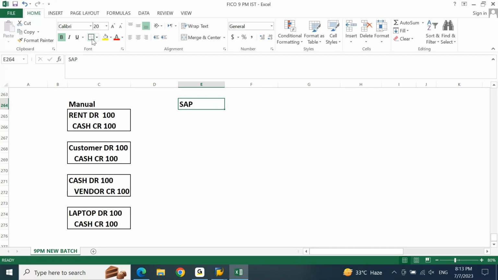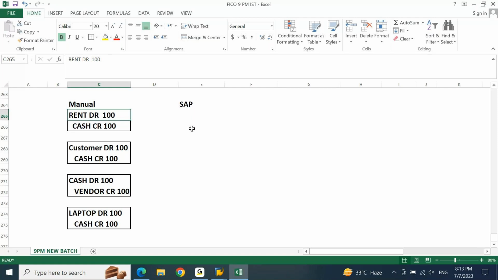Assuming I identify that a transaction will have to be debited to rent account and credited to the cash account. Rent, is this related to customer, vendor, fixed asset or GL account? GL account.